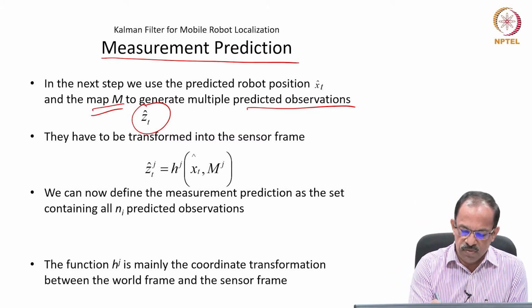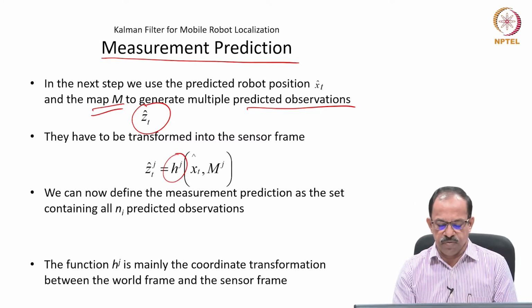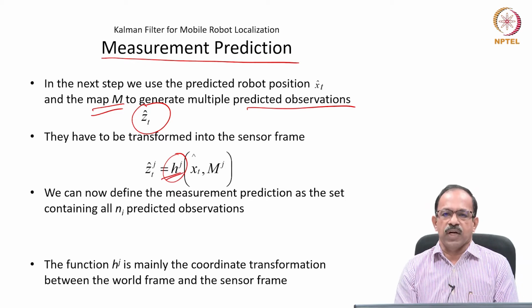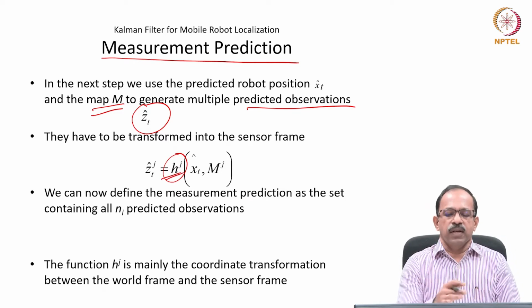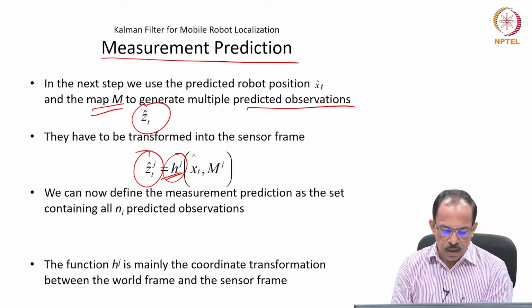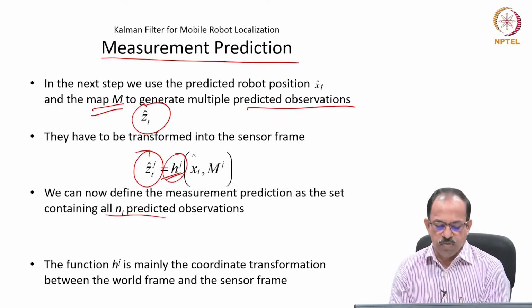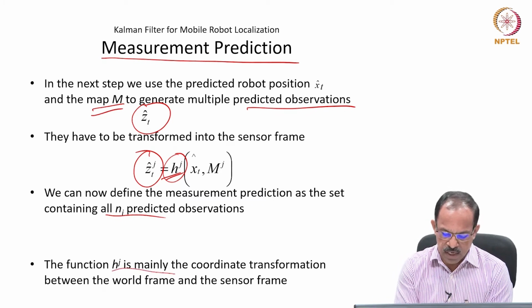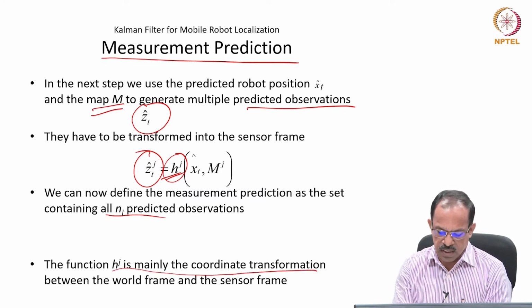Since we transfer them to the sensor frame, we use the transformation Hj and then get all these Zt hat j. So, there will be predicted observations. This Hj is mainly the coordinate transformation between the world frame and the sensor frame.